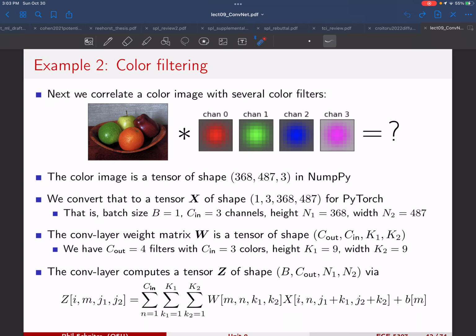At the end, we're going to output 4 different grayscale images, each corresponding to those 4 colors.